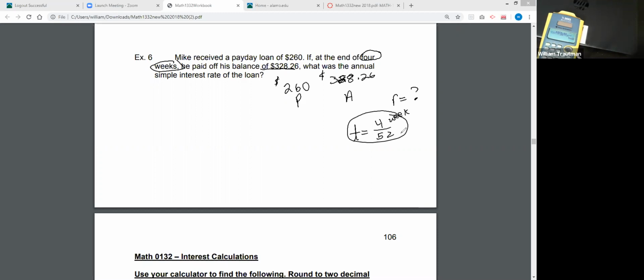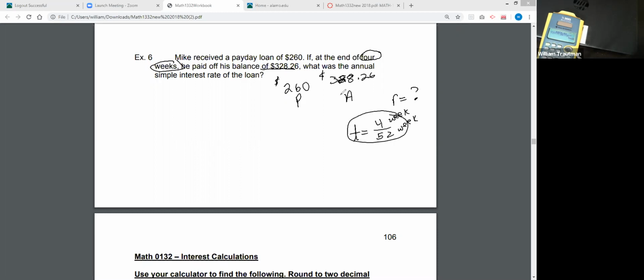Don't change it to months. If it said weeks, you have to use weeks. The only thing that you really change is days. If it's 18 days, then you put 18 over 360. Days, we just change to 360. Weeks is 52. Months is 12. Quarters is over 4, right? There are 4 quarters in a year.